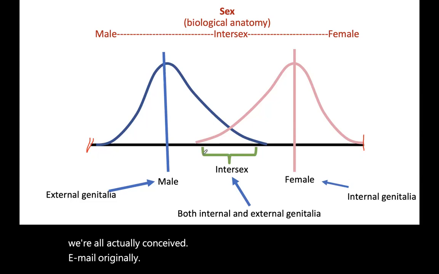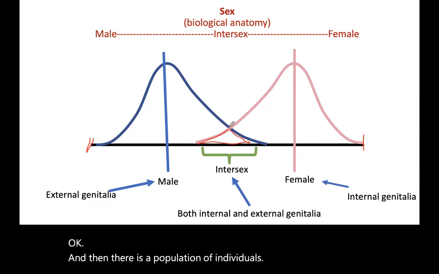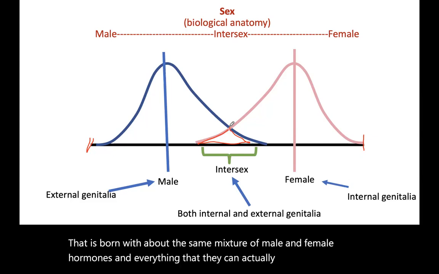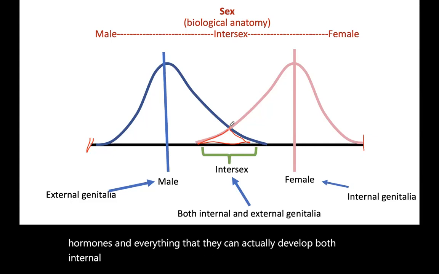Okay. And then there is a population of individuals that is born with about the same mixture of male and female hormones, so that they can actually develop both internal and external genitalia.